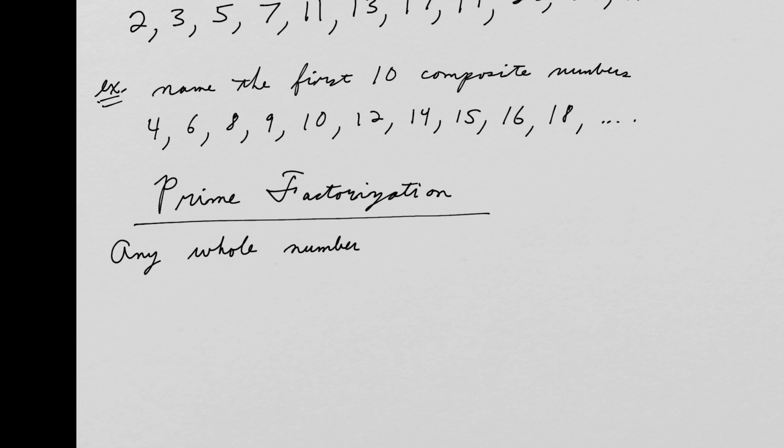Because remember, 0 and 1 are special cases. They're neither prime nor composite. So greater than 1 is either prime itself, or if it's composite, it can be written as a product of prime numbers.